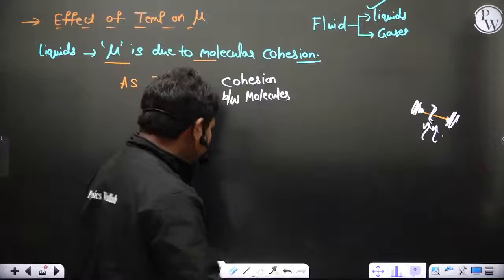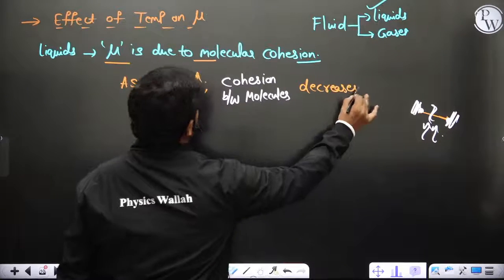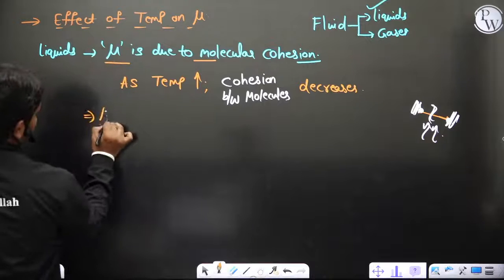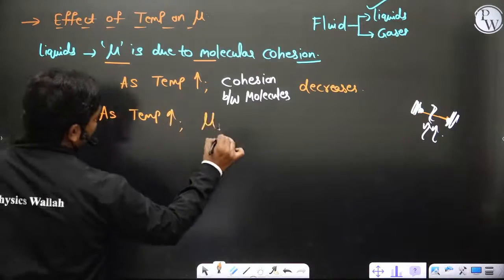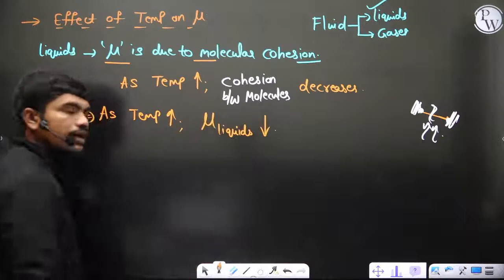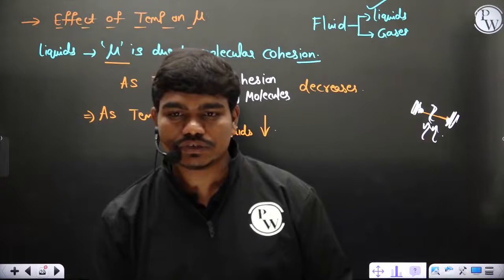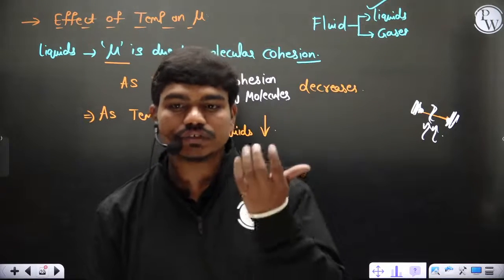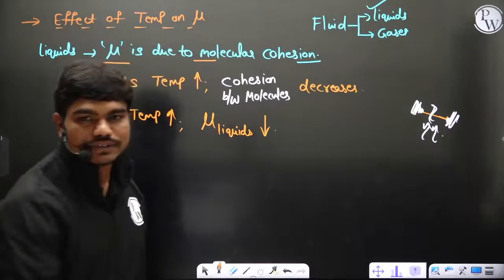This will decrease obviously. So as temperature increases, mu of liquids will actually decrease. Okay, so this is one very important statement: with increased temperature, viscosity decreases because cohesion decreases. If cohesiveness is decreasing in case of liquids, then definitely viscosity also decreases, correct? So this viscosity will actually decrease.